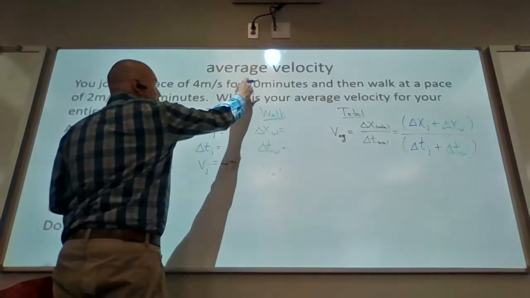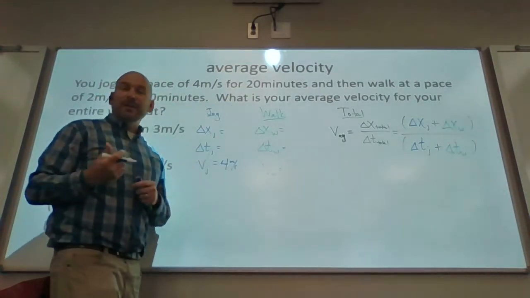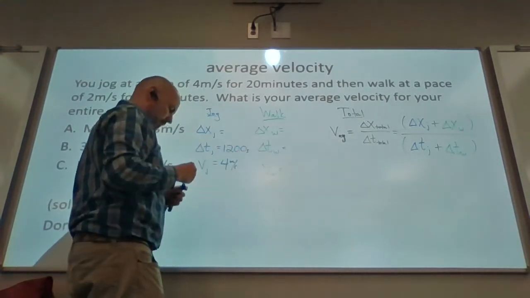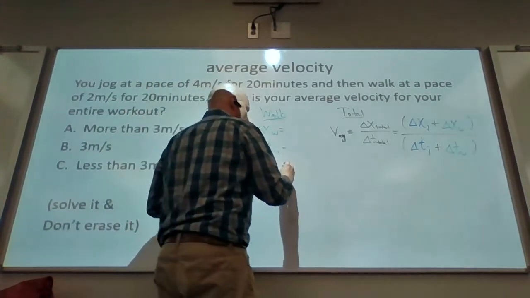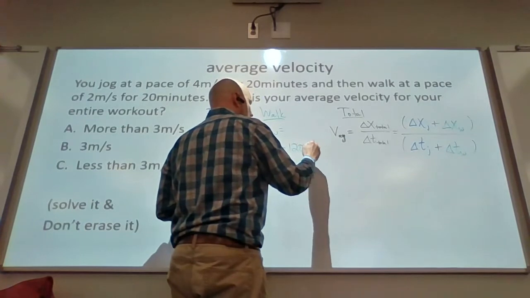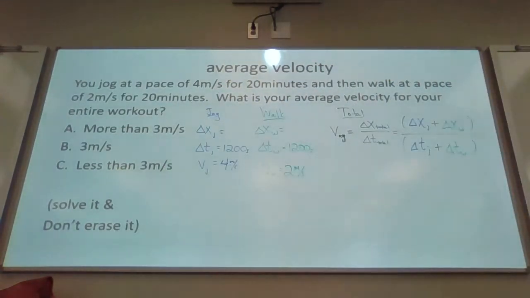So if it was 2 minutes, it would be 120 seconds. If it was 20 minutes, then it's 1,200 seconds. And likewise here, you have 2 meters per second and 1,200 seconds. Doing okay?